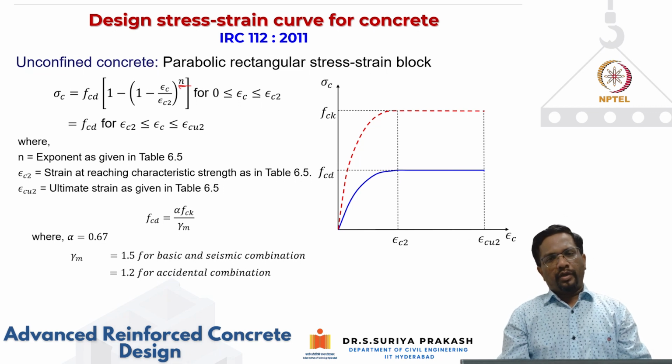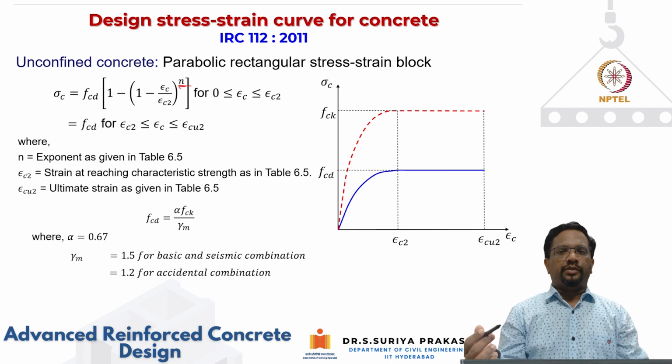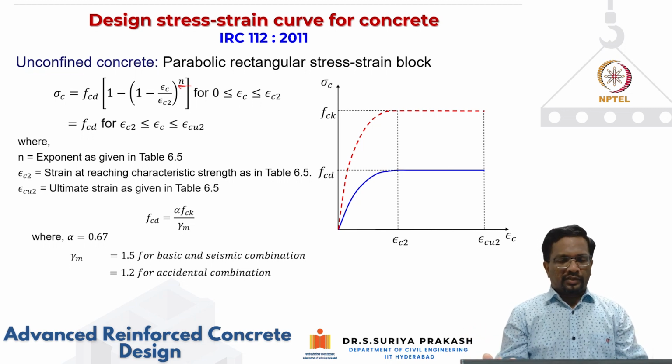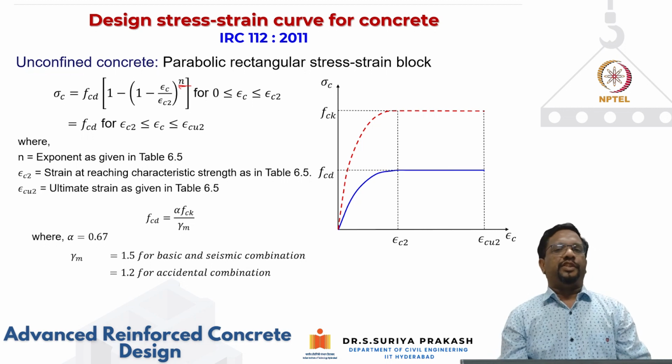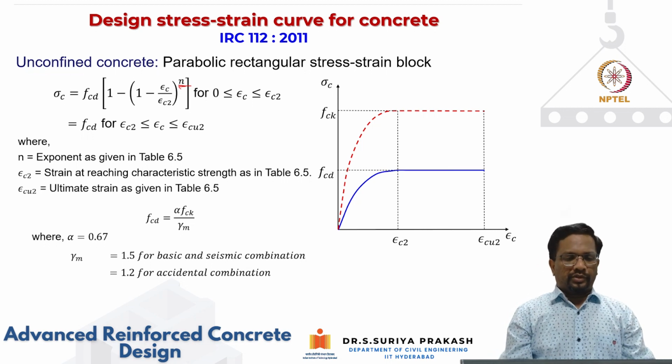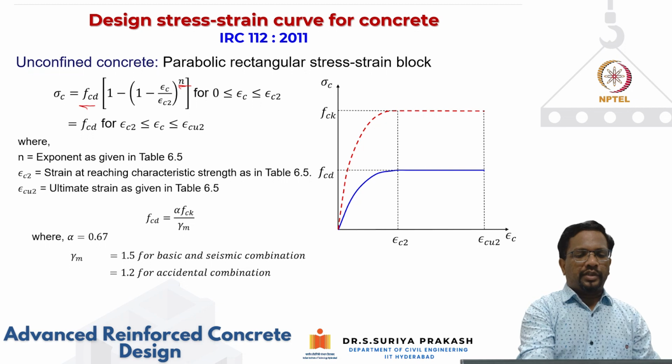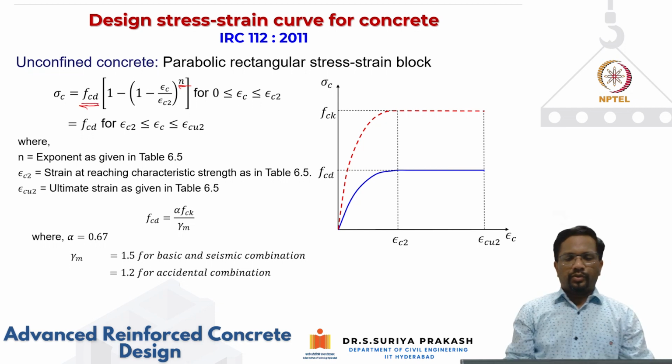It depends upon the grade of concrete that you are dealing with. Just like what we have seen in Thorenfeldt's model, which we discussed in the last lecture, it accounts for how this curve is changing in the linear portion. So FCD is your design concrete strength. We will talk about that.